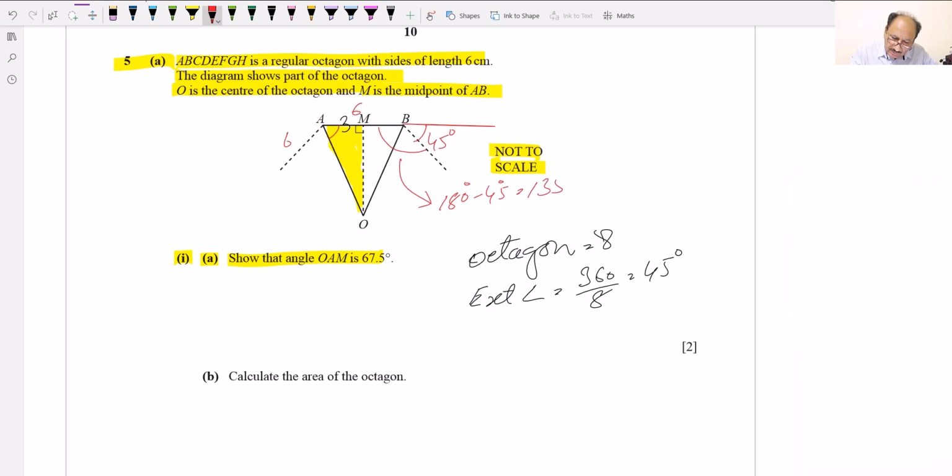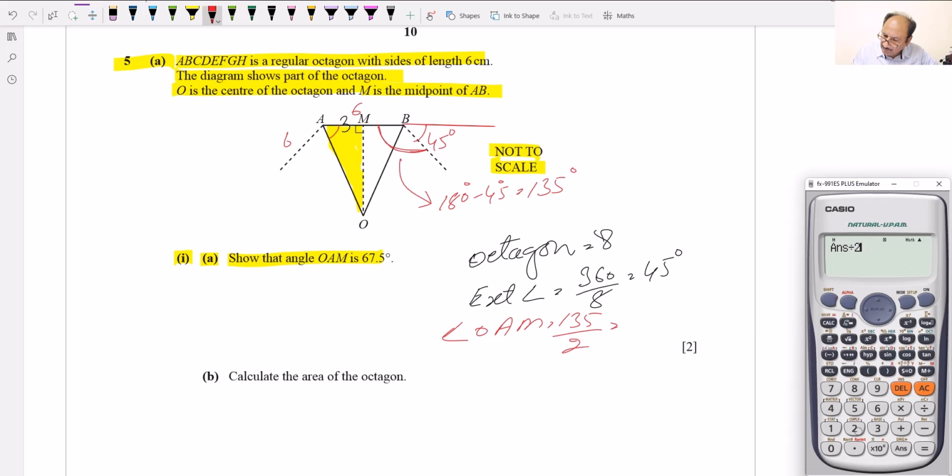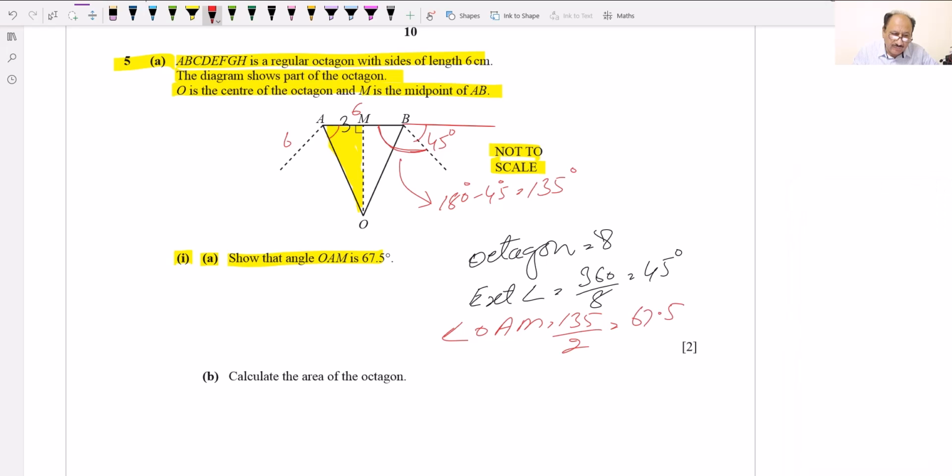So 135 is this complete angle, but we require ABO or OAM. So we can write angle OAM is equal to 135 divided by 2, and 135 divided by 2 will be equal to 67.5. So this angle is 67.5.